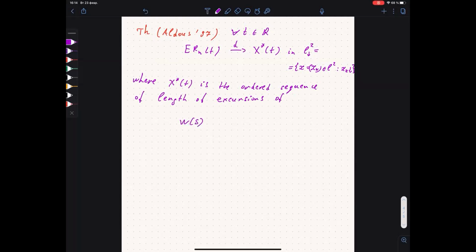W_s is a standard Brownian motion, plus a parabolic drift. Remember that t is a fixed constant, minus s squared divided by 2, above path minimum.